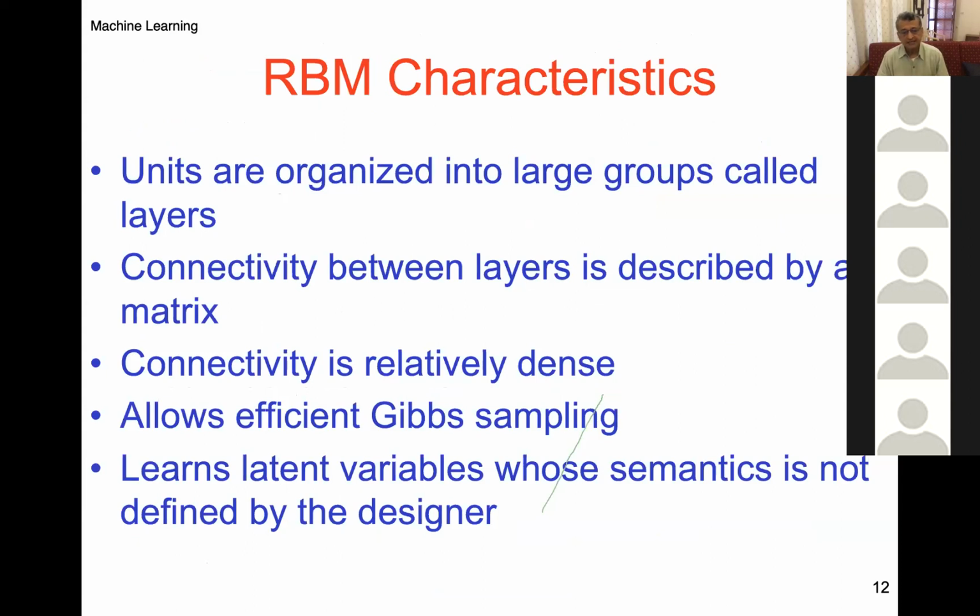Connectivity is relatively dense, and it is possible to do Gibbs sampling with an RBM. And it learns latent variables whose semantics is not defined by the designer. So we learn some latent variables.